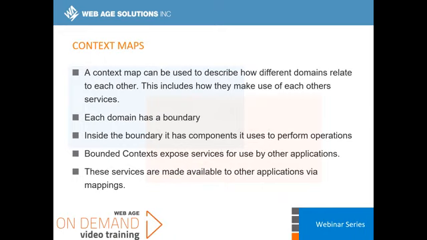So domain-driven design has this notion of, well, if I've created a bounded context, and I know what its responsibilities are, and I know what some of its behaviors are, I know what kinds of information it might need from some other bounded context, and the context map is what I use to describe how those different domains relate to each other.